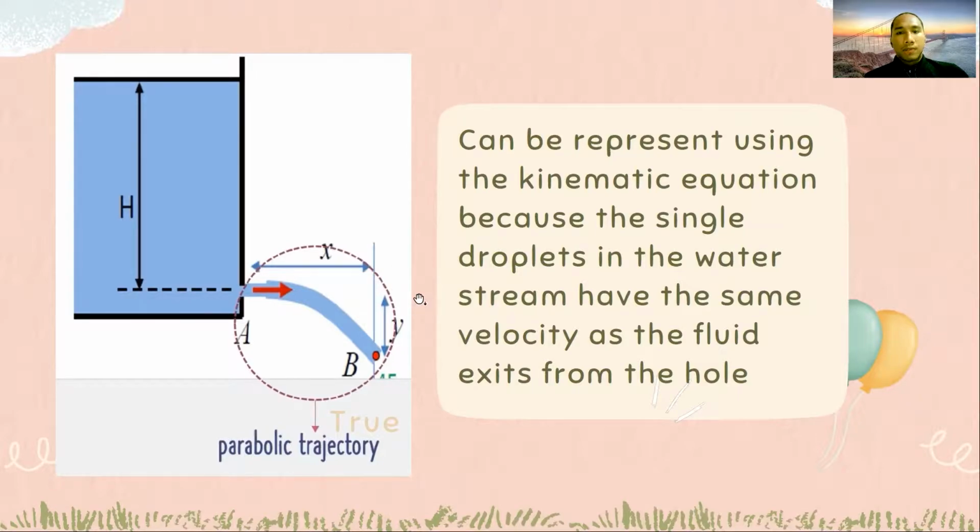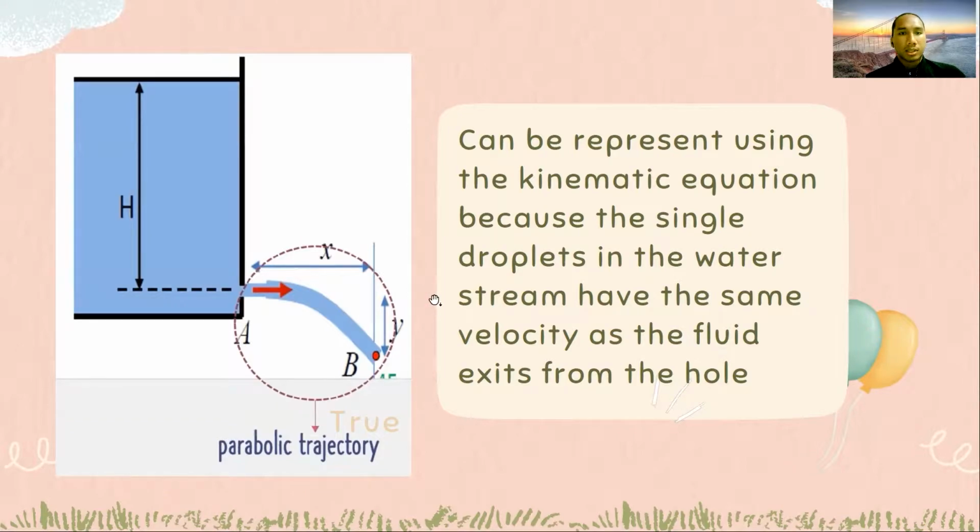The parabolic trajectory can be represented using the kinematic equation because a single droplet in the water stream has the same velocity as the fluid exiting from the hole. These axes are very important to describe the formula.